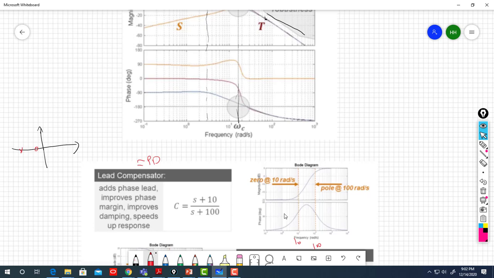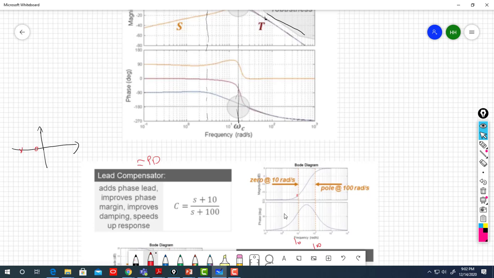At 10 radian per second you have a 20 decibel per decade slope. Then at 100 you have minus 20 decibel per decade, so plus and minus, it returns to 0 decibel.